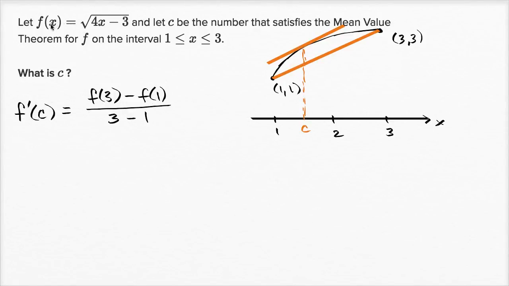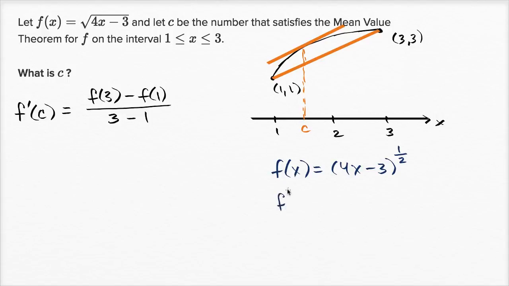So really we just have to solve this. So let's first just find out what f prime of x is, and then we could substitute a c in there, and then we can evaluate this on the right-hand side. So I'm going to rewrite f of x. F of x is equal to, and I'm going to write it as 4x minus 3 to the 1/2 power. It makes it a little bit more obvious that we can apply the power rule and the chain rule here.